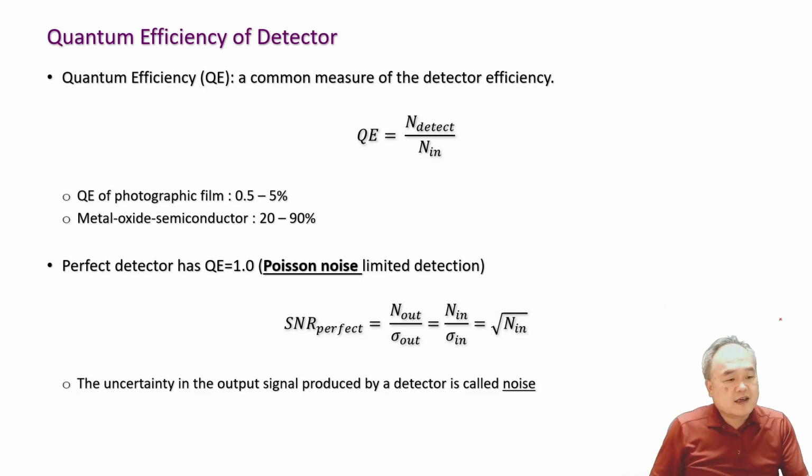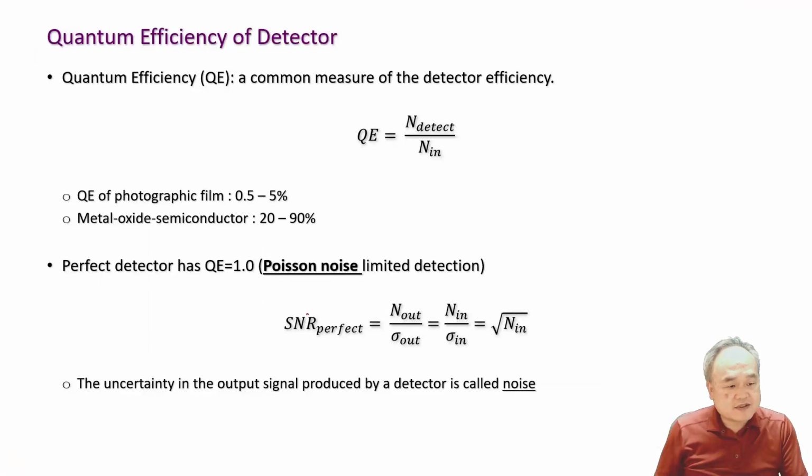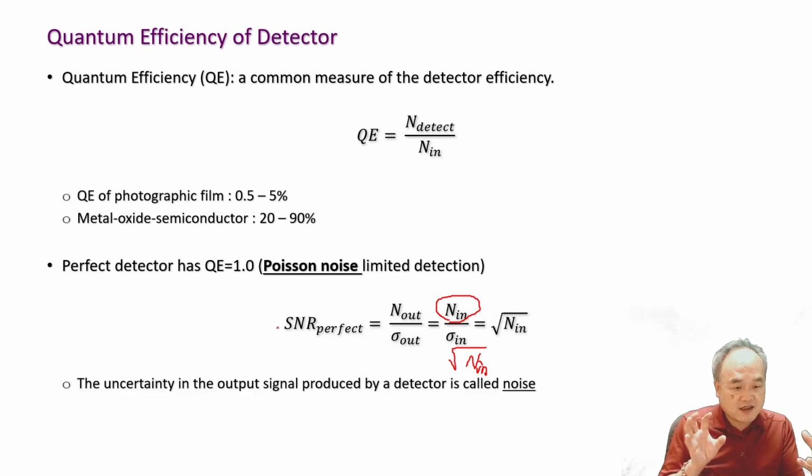Imagine that n photons are coming in. Then its uncertainty is sigma, and this sigma is nothing but the square root of the number of incoming photons. So even for a perfect detector that detects 100% of the incoming light, detecting photons is still a counting experiment.